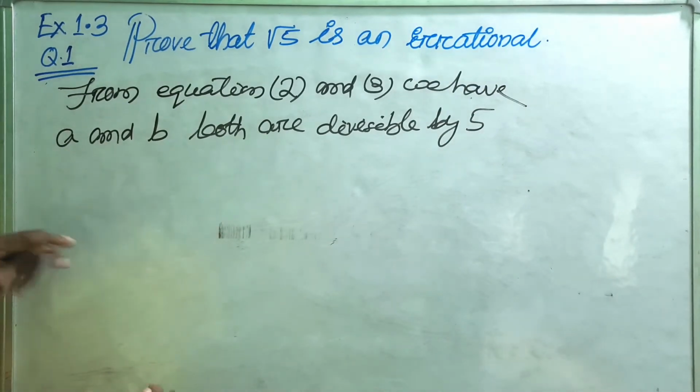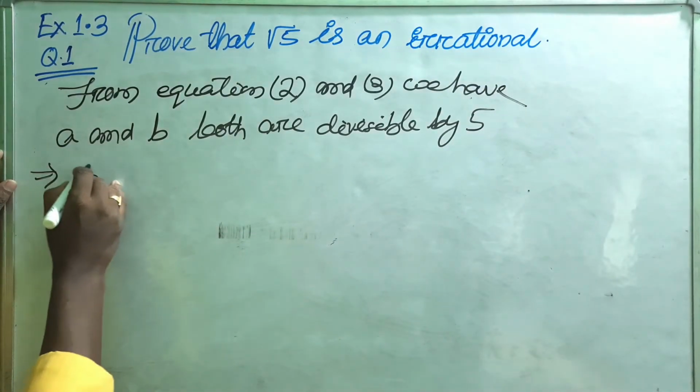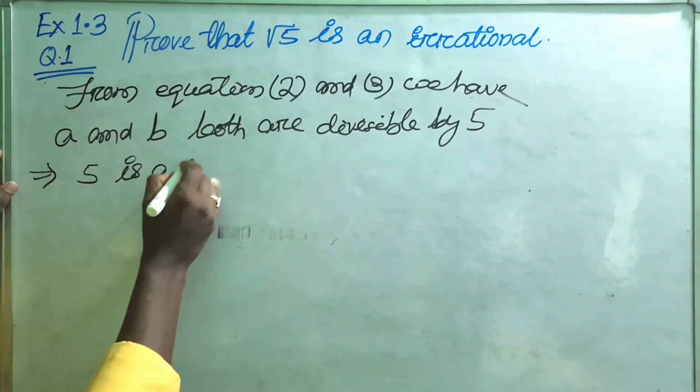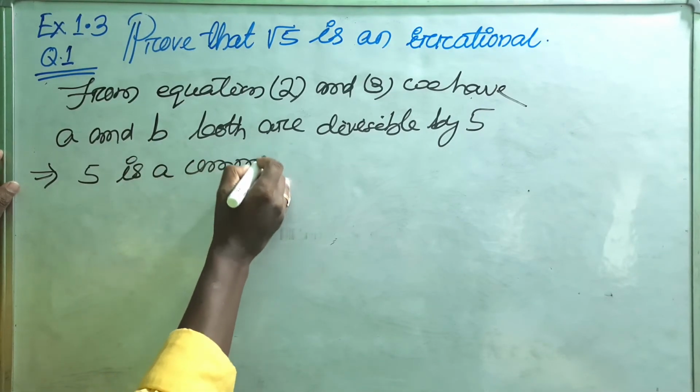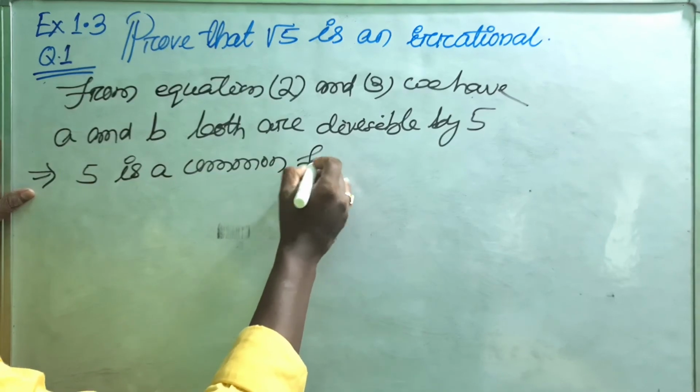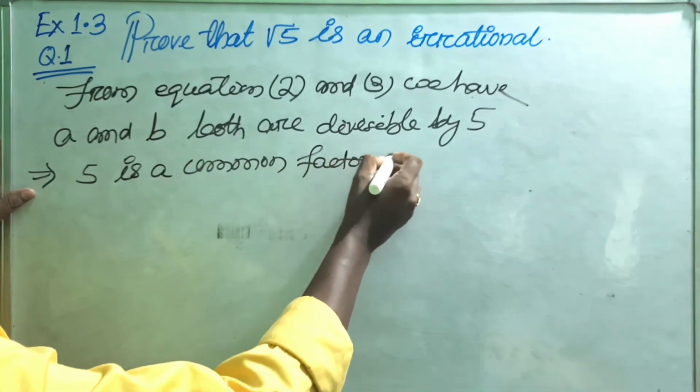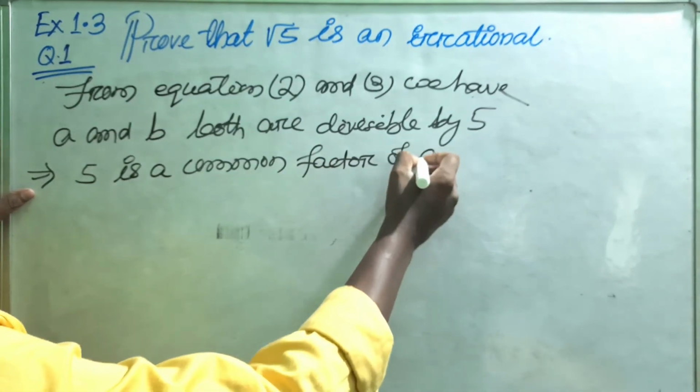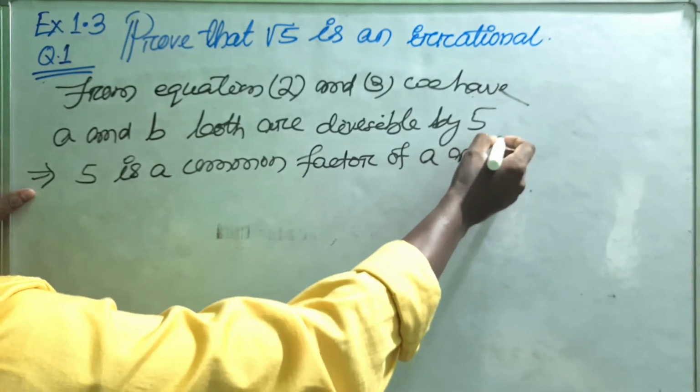If both are divisible by 5, that means 5 is a common factor of a and b.